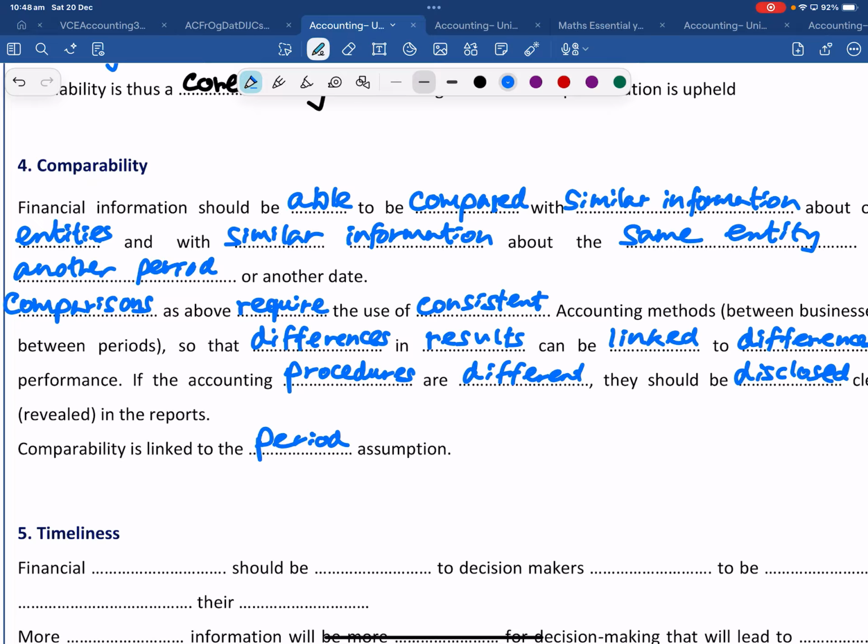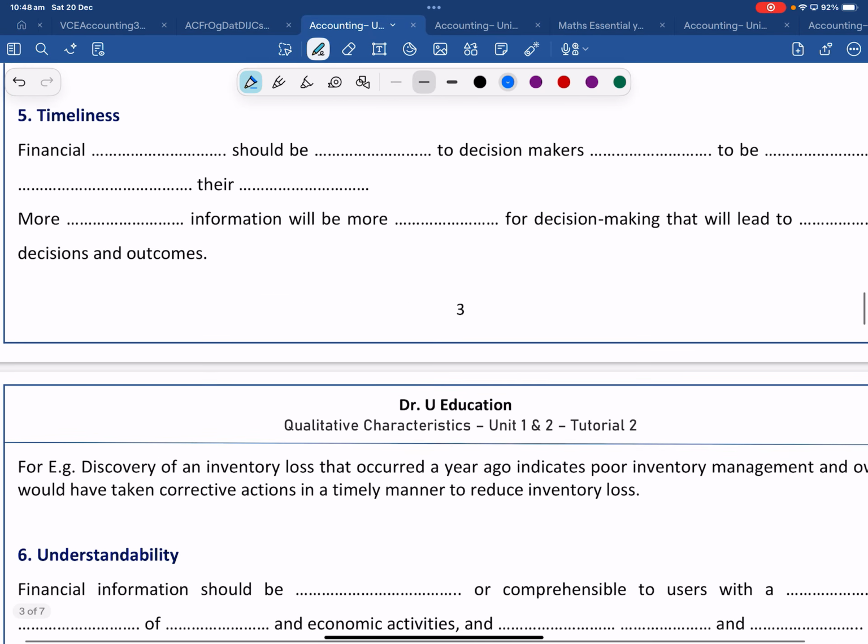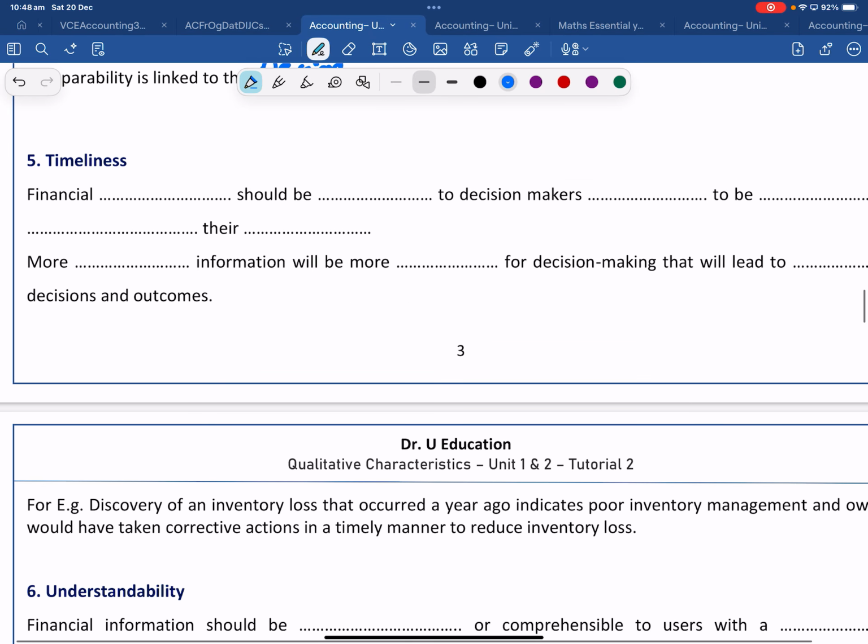Next one, guys, timeliness, even easier. Only three or four lines.